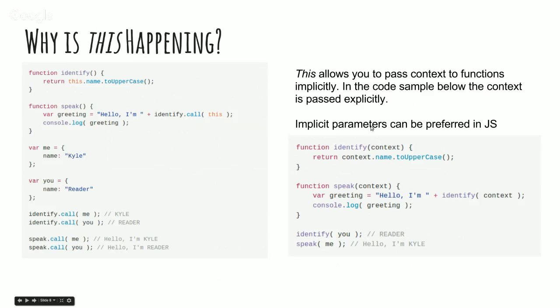So implicit parameters like this can be preferred in JavaScript, but if you were to write something kind of similar to this, here's an explicit way of writing it. It's not exactly the same, the code's a little bit different, but you get the same idea. This is more what I'm traditionally used to, if you're treating functions like methods in Ruby.